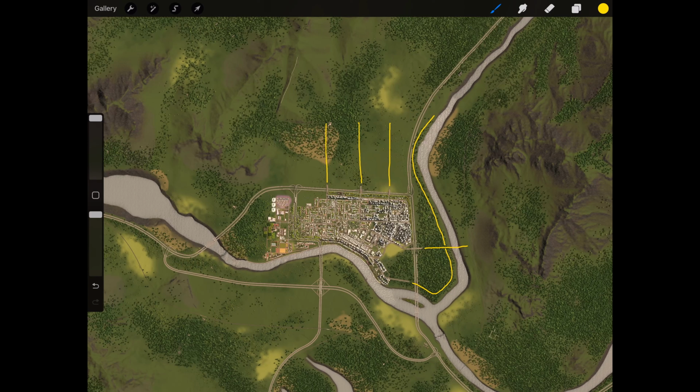Because for me, the essential thing is that I want to break up the grid of my downtowny area in the center of the map.